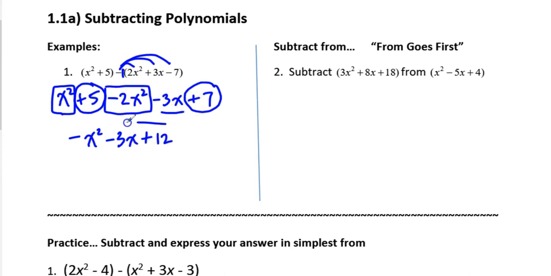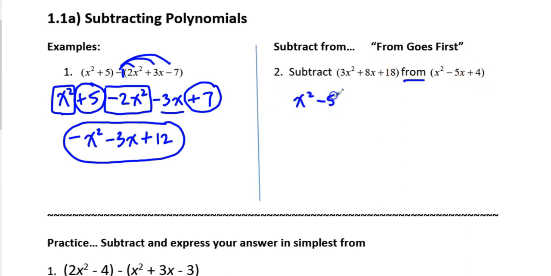Okay. So the next kind of question is trickier because we have this subtract from. We have a little phrase here. From goes first. Okay, you got to be really careful here. If I said subtract 4 from your age, of course you would start with your age and take away 4. So subtract blah from this thing. We have to write this thing first.